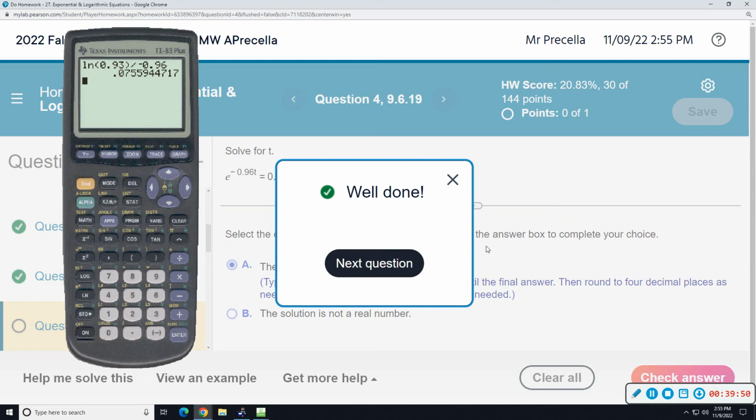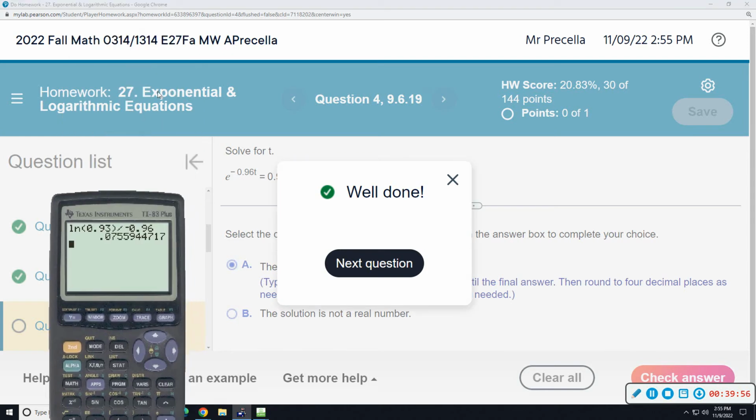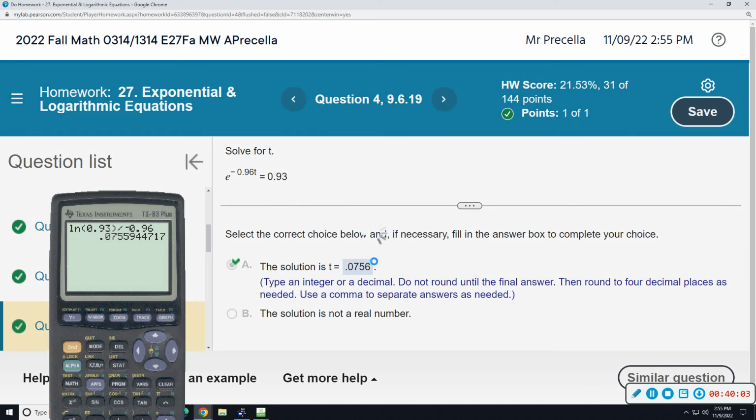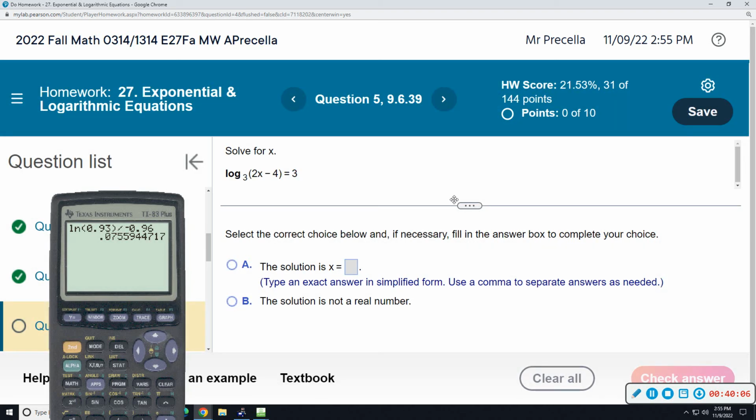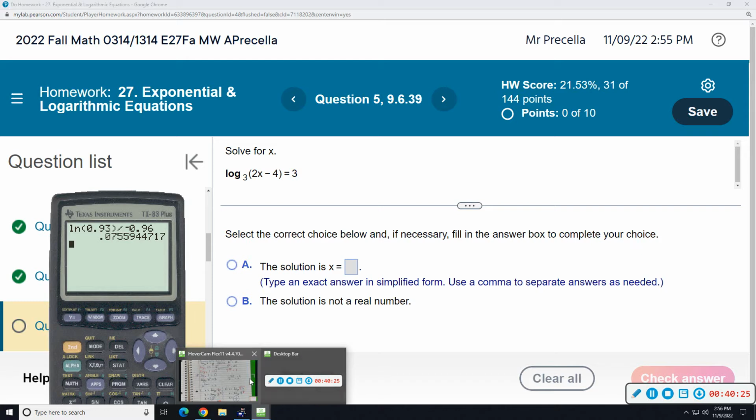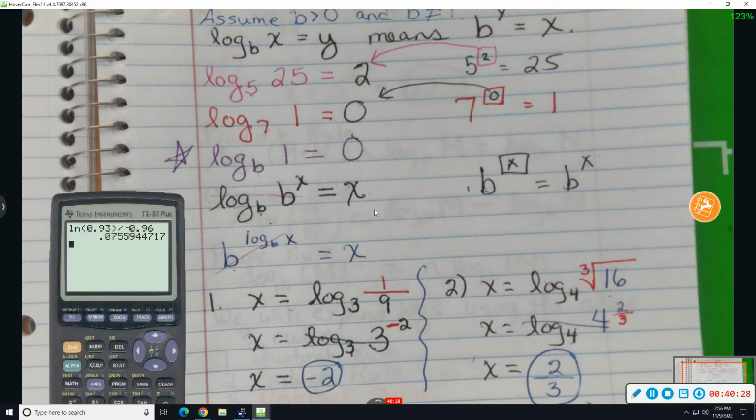Those 4 problems are the exponential equations. We do 2 types of equations in this assignment. Exponential. Now we're going to look at some logarithmic equations, which is how we started off our discussion of logarithms on Monday.